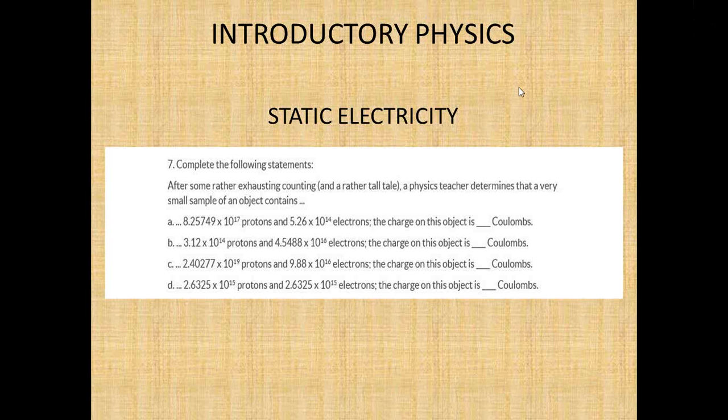Just looking at the question, there is an excess of electrons, so we have to find out how much more excess electrons there is. To find the excess of electrons, we have to subtract.